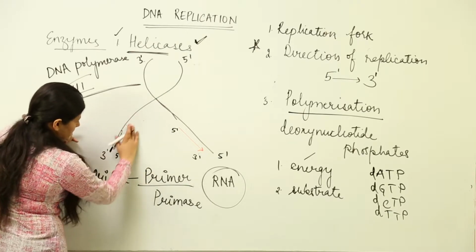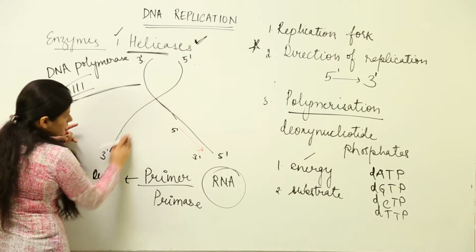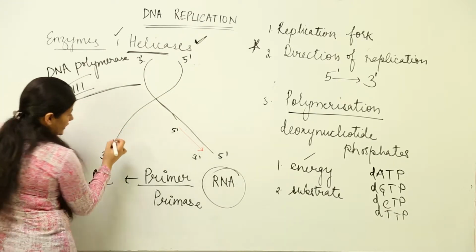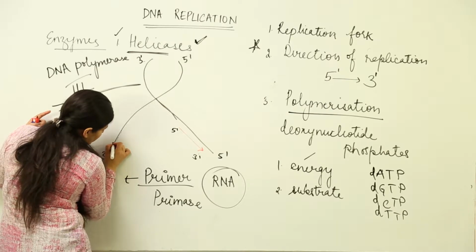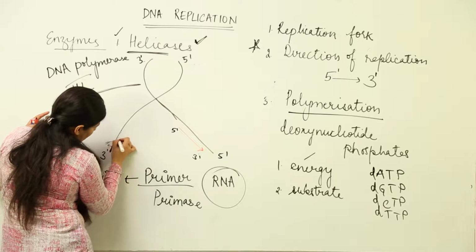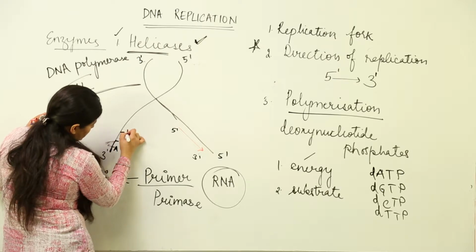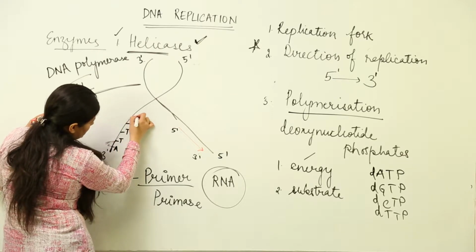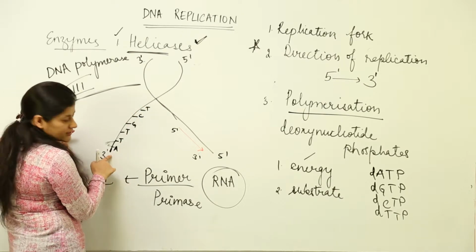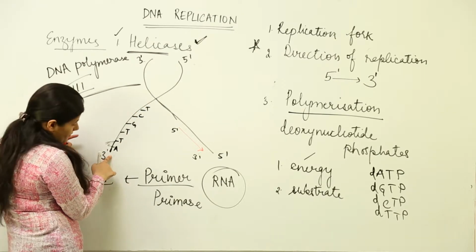Now supposedly, see over here, this line is the line representation of a single strand of DNA. Supposedly we have A over here. I am going to write it like this: A, next is T, next is T, G, C, T. What would happen is, the primer has identified that this is the origin of replication.